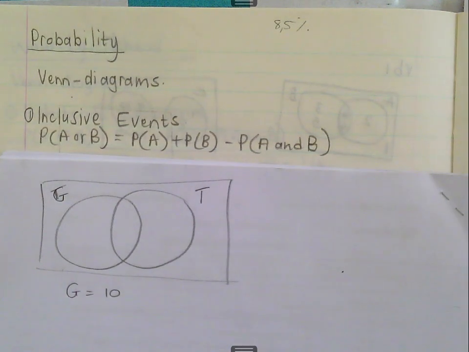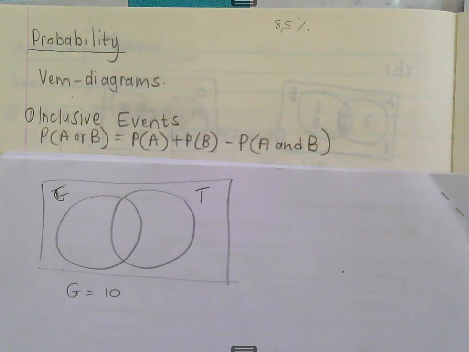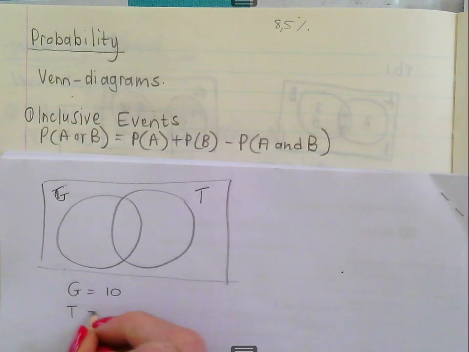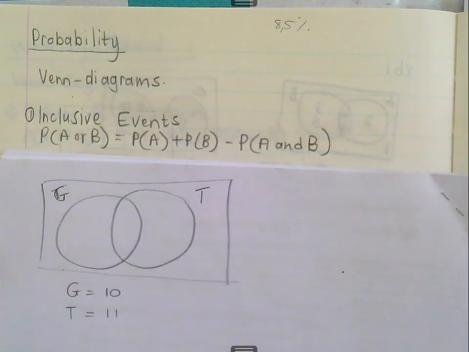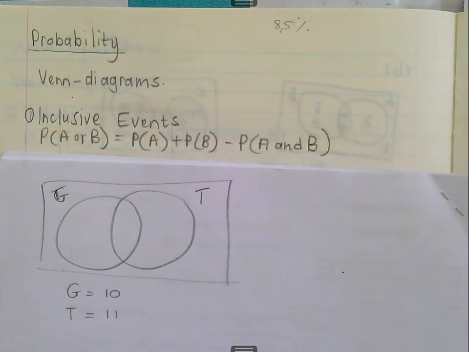Now let's pretend you could have had tourism. Who of you would have chosen to take tourism? 1, 2, 3, 4, 5, 6, 7, 8, 9, 10, 11. Okay. Who of you that put up your hands now has geography and you also put your hands up for tourism?